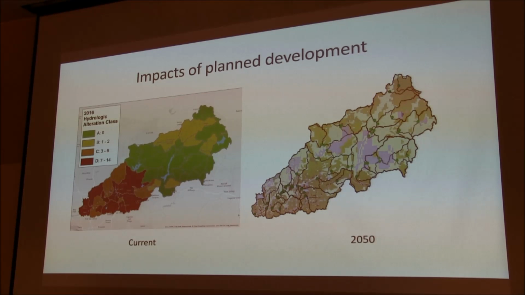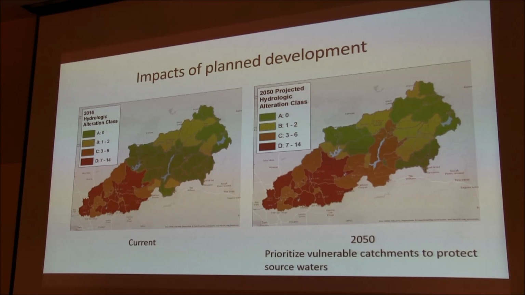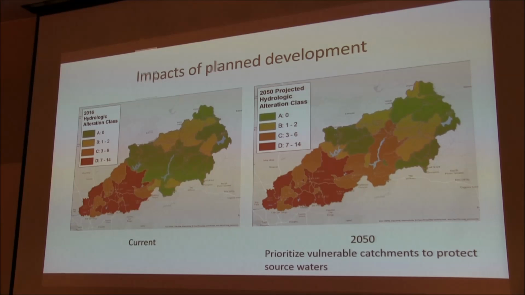Those brownish colors on the right panel are areas that are supposed to be residential. So we wanted to see what would happen if this watershed developed according to the plan, but without any special precautions to mitigate these impacts. You can see that a number of these green watersheds turn yellow, and some of the yellow watersheds turn orange. That's a good way to know which are the most vulnerable to these changes, and that can help prioritize protection efforts.